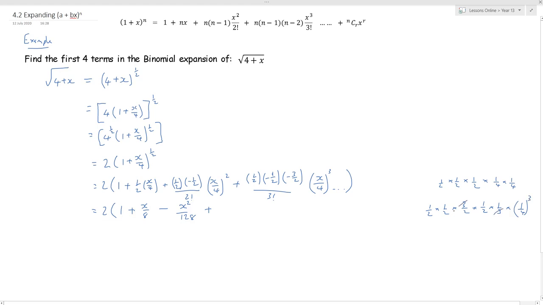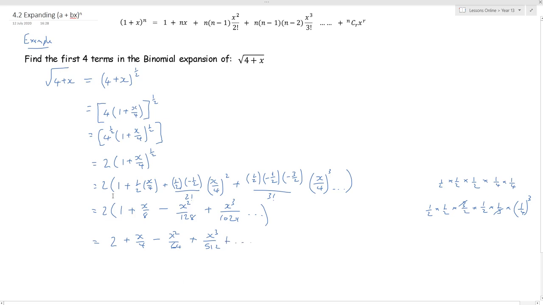So just the 3s cancel, and when I work out that sum, I get x cubed over 1024. So for once you can use your calculator. And I multiply everything by 2 now, so that leaves me with 2 + x/4 - x squared/64 + x cubed/512.